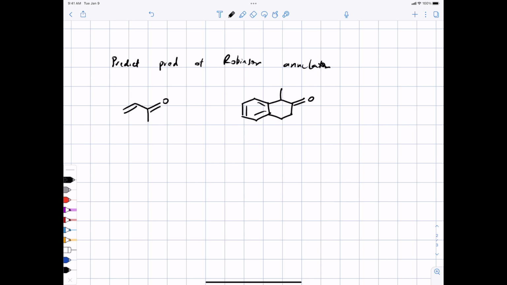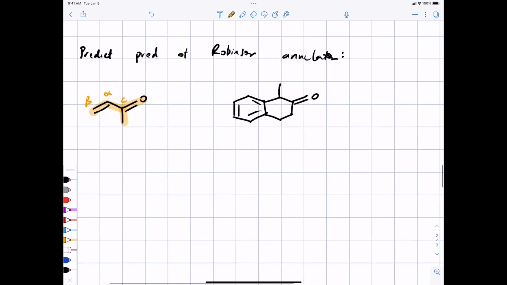Okay, predict the product of a Robinson annulation. First, we got to decide who's our alpha beta unsaturated carbonyl compound. That's pretty straightforward. Second, you got to decide what the Michael donor is going to be.